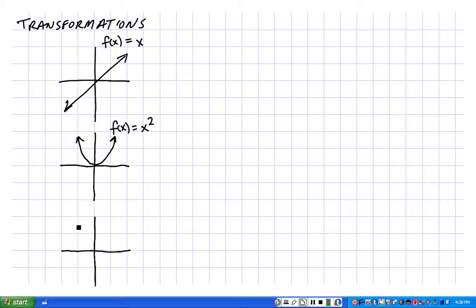Another parent function we would have is f of x equals absolute value of x.